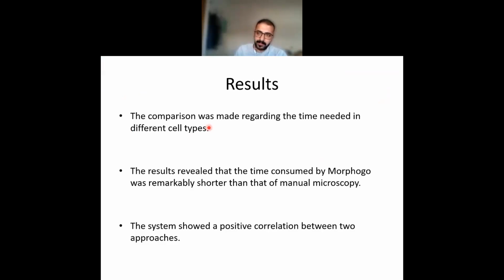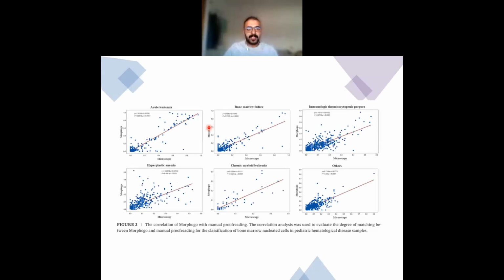And by the way, the system showed a positive correlation between the two approaches. That is clear here in this figure, which illustrates the correlation of Morphojo with manual proofreading. I don't know if you know the R square, what it means.